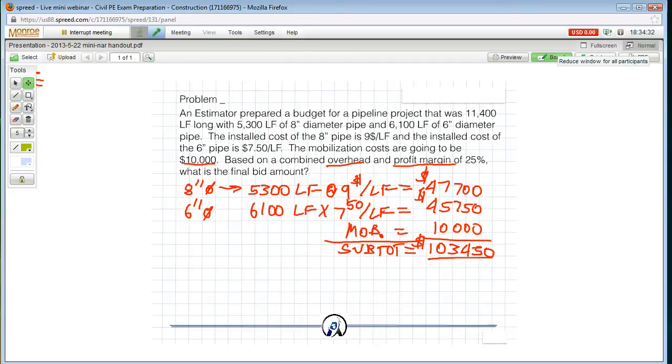So in doing so, you want to actually divide by 1 minus the profit margin, not markup, but the overhead and profit margin.